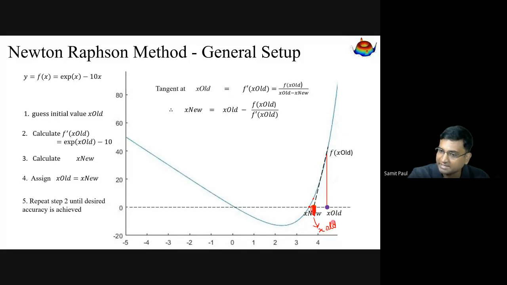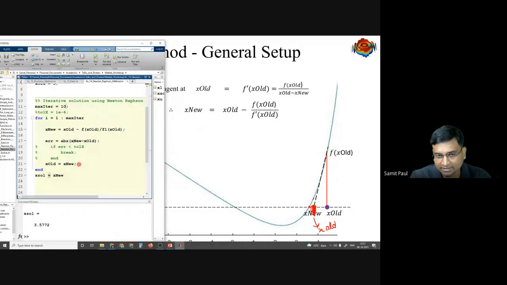And again, based on this new x old, we will calculate another x new. That's our strategy, and that is how it is being implemented here in this loop. Again, based on that x old, we will calculate x new. We will come to this position, and this part will be calculated repeatedly.